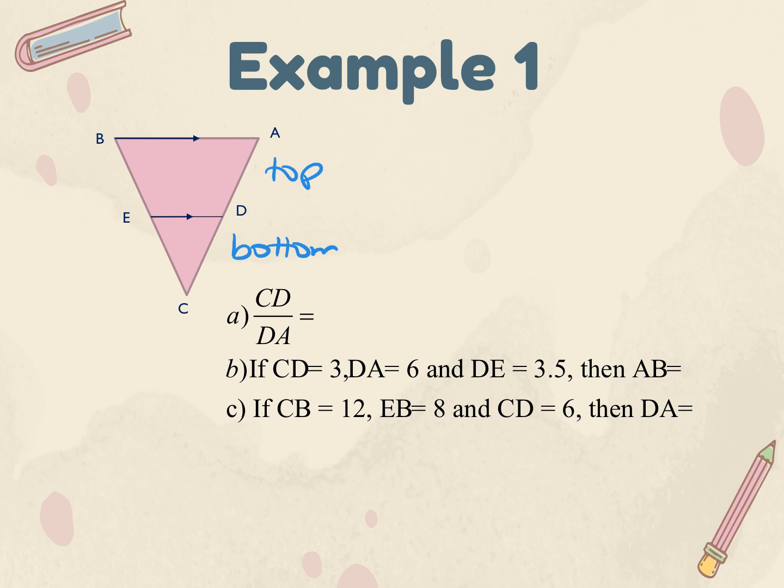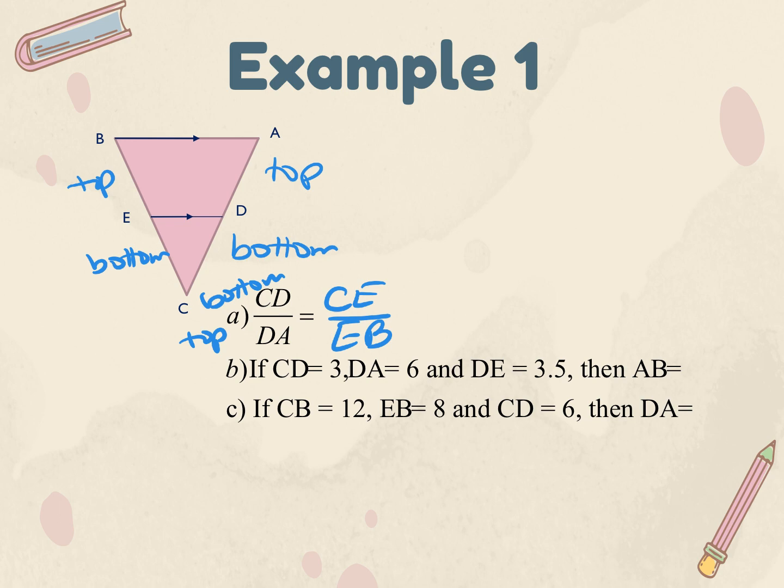So this is actually bottom over top. So here we would put CE over EB. So if they started out, you need to match what they've done.